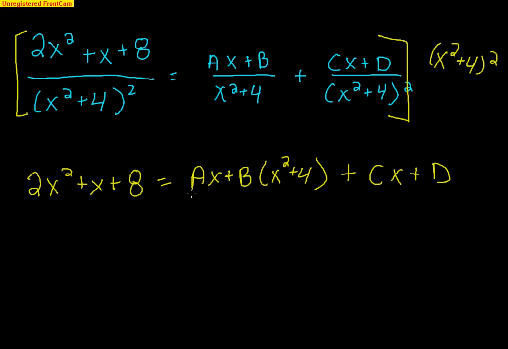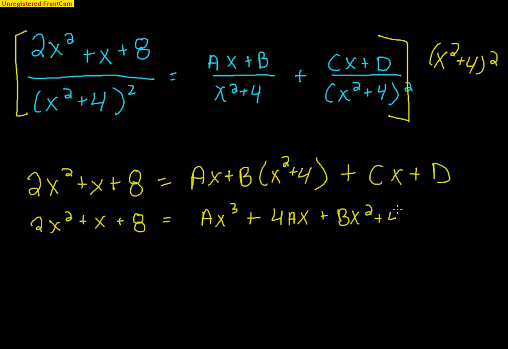Alright, so we're going to FOIL ax plus b out with x squared plus 4, and we're going to get ax cubed plus 4ax plus bx squared plus 4b.